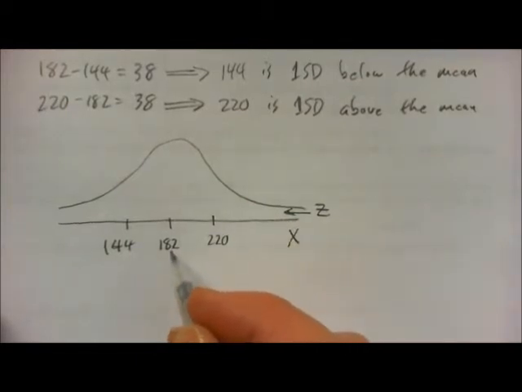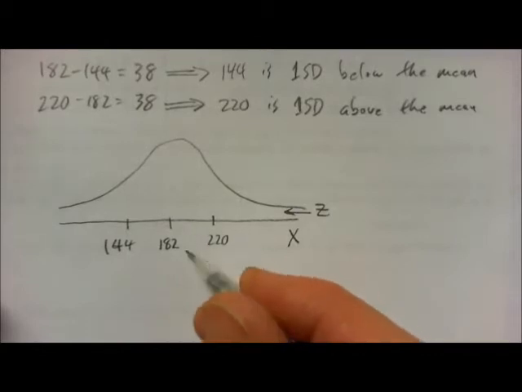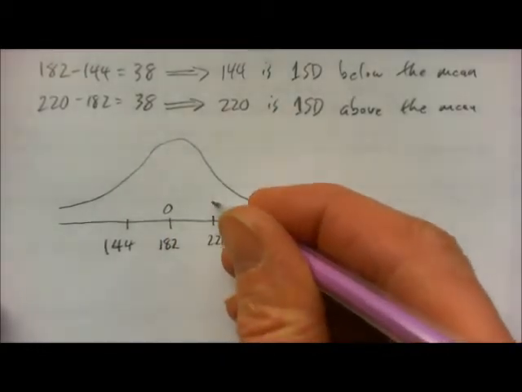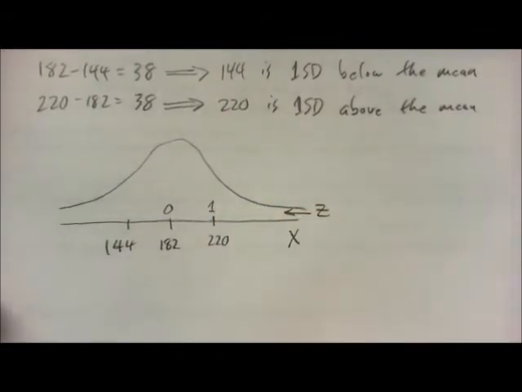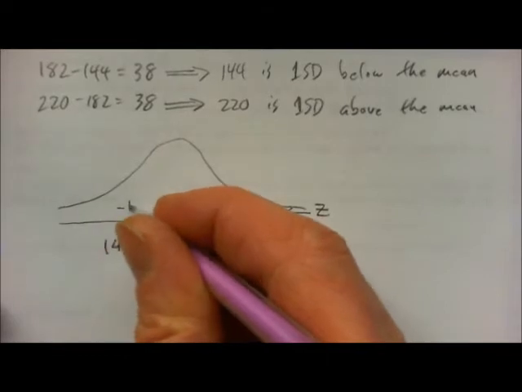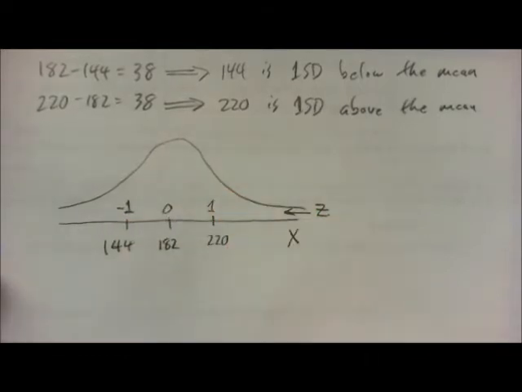So when we're at the mean, remember the z measures how far we are above or below the mean. So the z at the mean is 0. The z at 220 is positive 1. We're one standard deviation above the mean. And the z at 144 is negative 1, or one standard deviation below the mean.